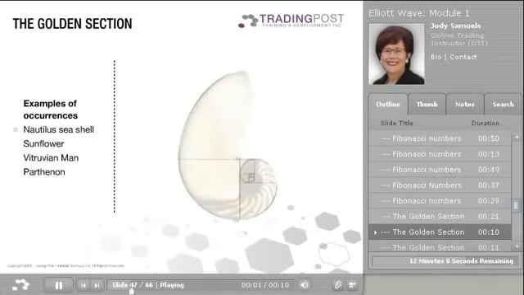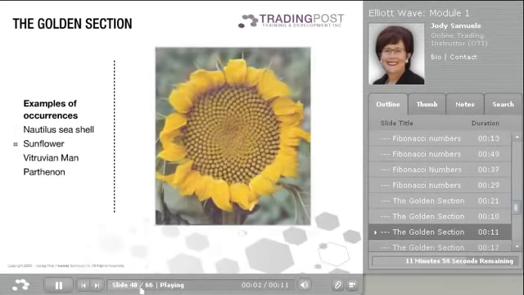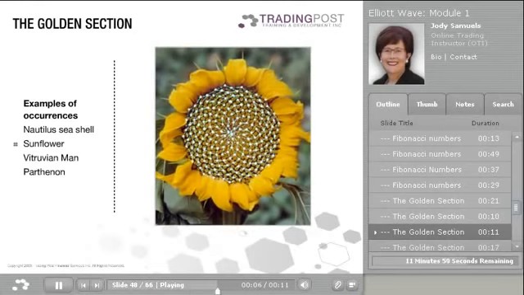In the Nautilus seashell, each section subdivides in area to one of the percentages of the golden ratio. In a sunflower, seeds grow in a pattern in distance of the golden ratio.